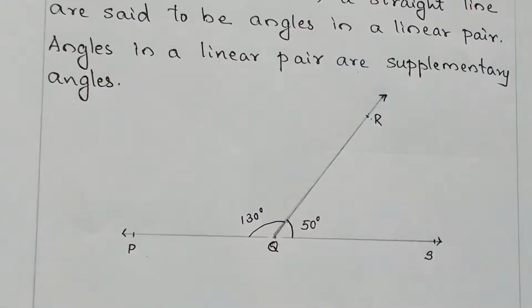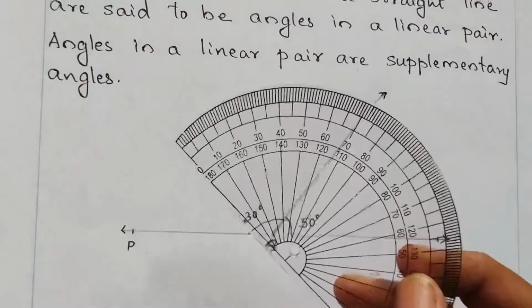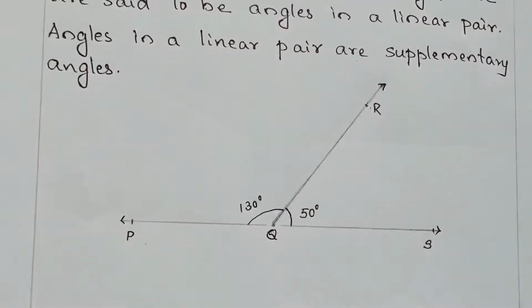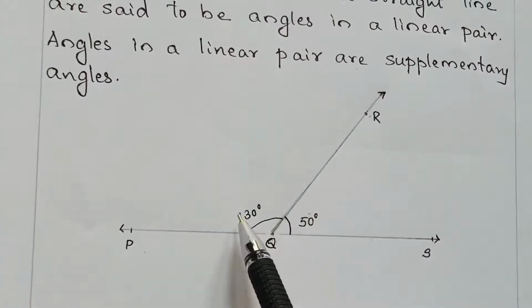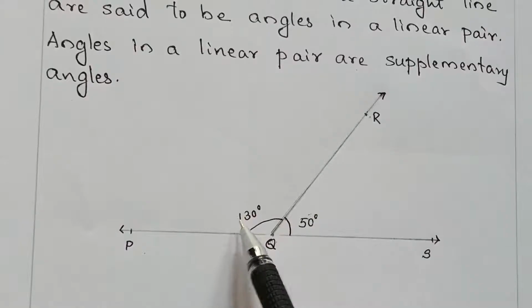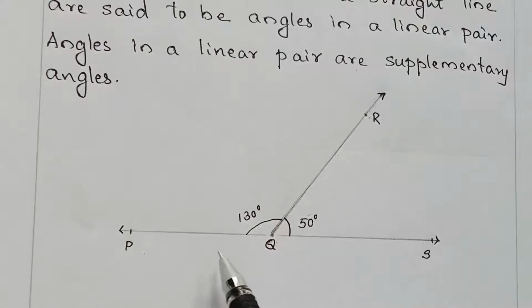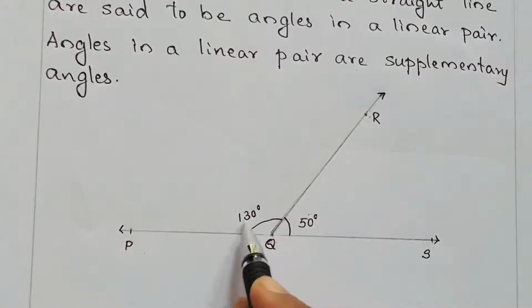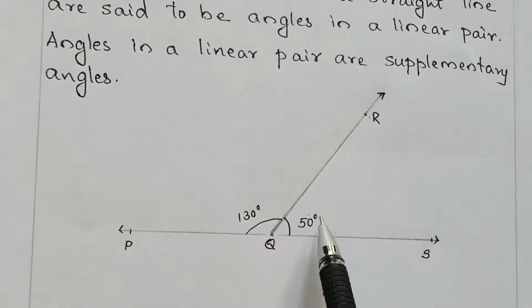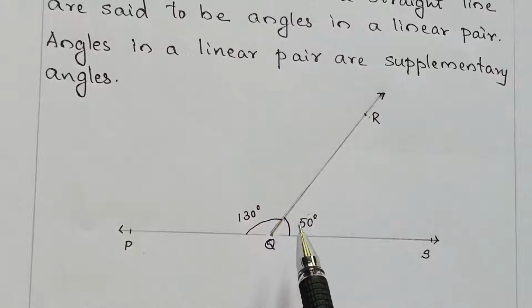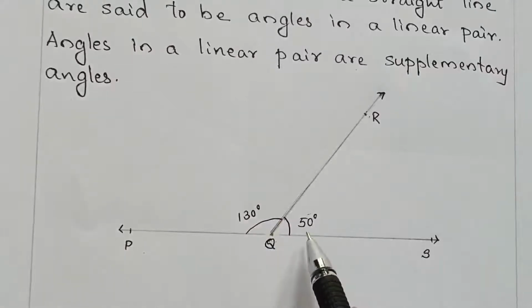If you measure the angles using a protractor, this angle is measuring 50 degree and this is 130 degree. You all know that the measure of a straight angle is 180 degree. So you will see that the full angle is giving you a straight line. And the angles in a linear pair are supplementary angles. That is, the sum of their measures is 180.